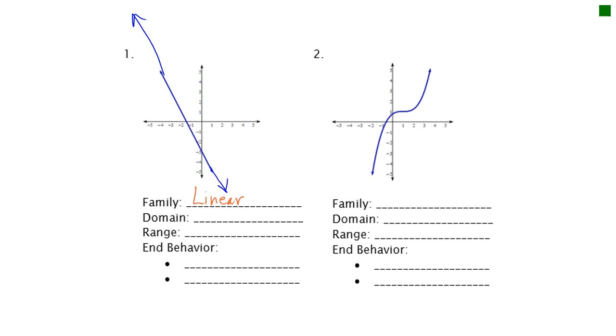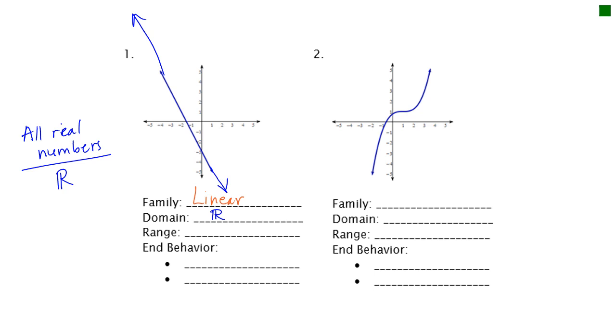So this would eventually cover everything. So what we say when it would cover everything is that the domain is all real numbers. And I'm going to write this off to the side because we have a symbol we can use instead of writing this out every time. It's a capital R with 2 vertical lines instead of just 1. So our domain would be all real numbers. That means it covers everything.